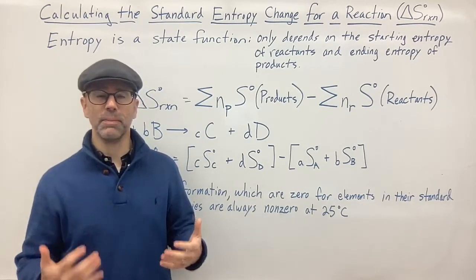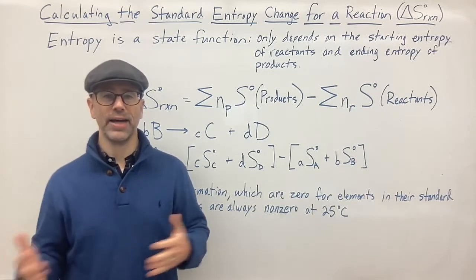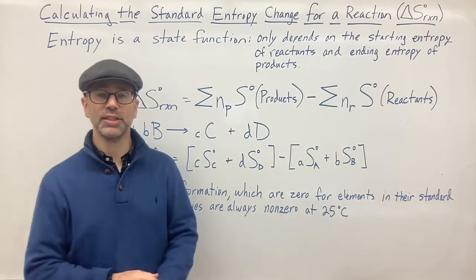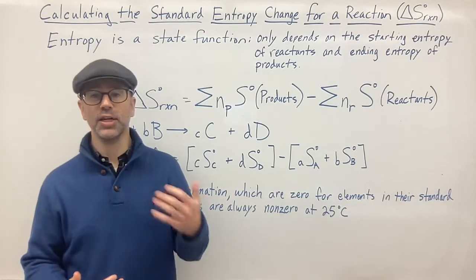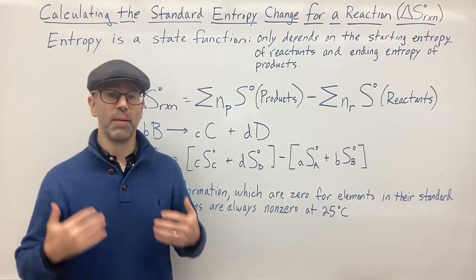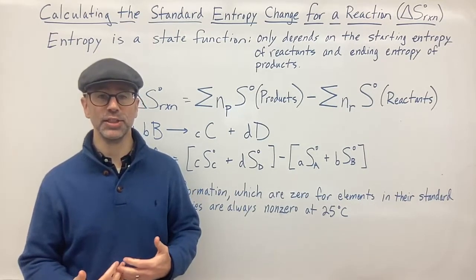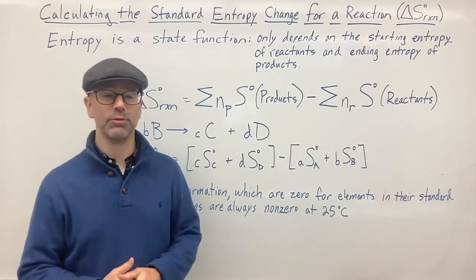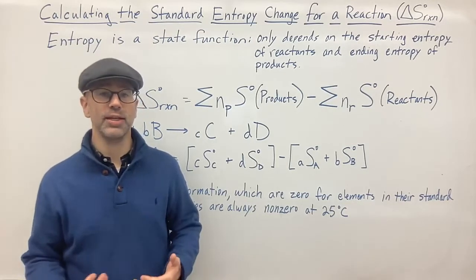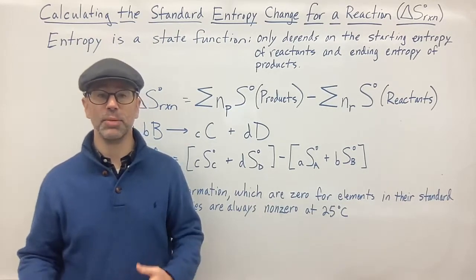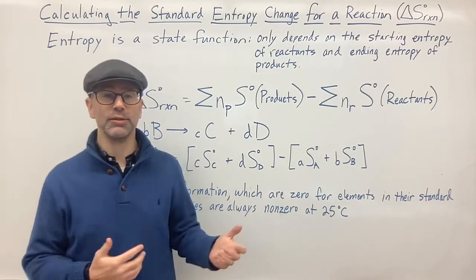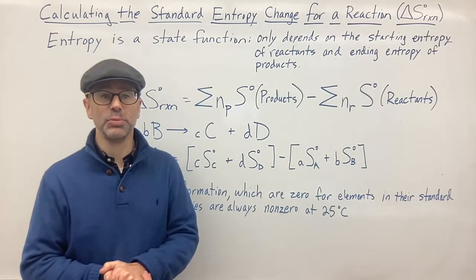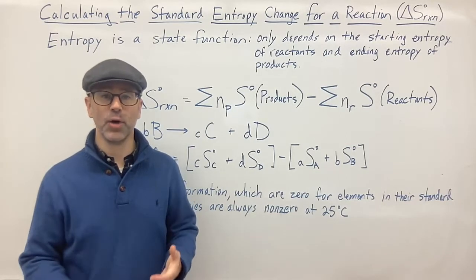It doesn't matter which way I take, my potential energy change is going to be the same. One requires more energy than the other, but my potential energy change will be the same, regardless of how I got there. So entropy is the same way.